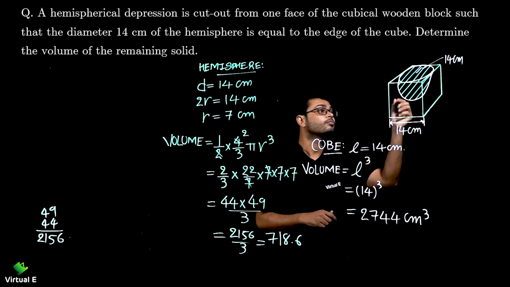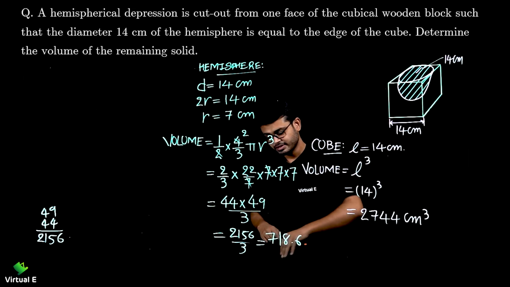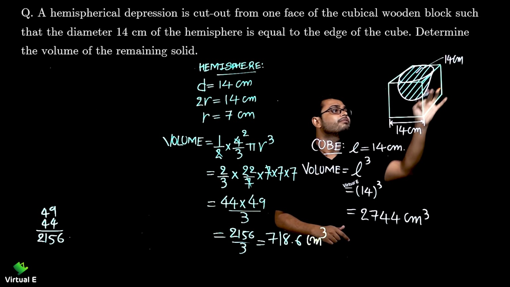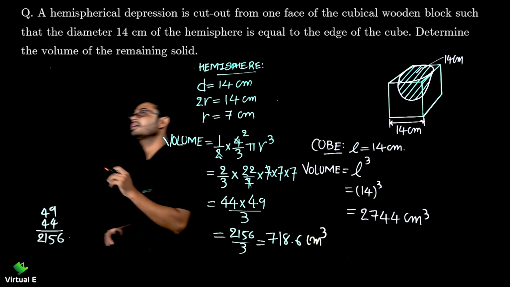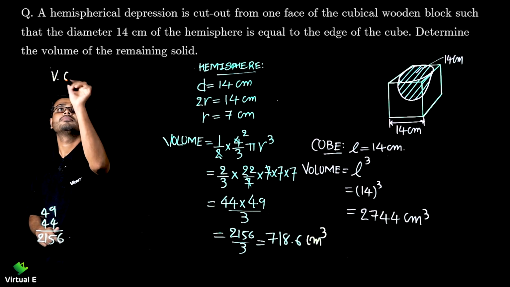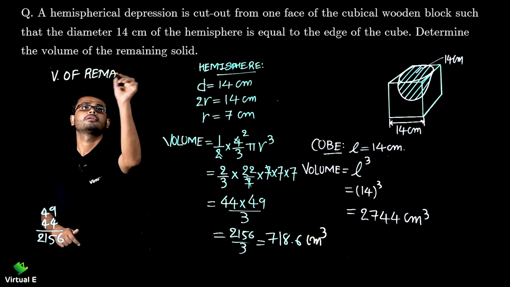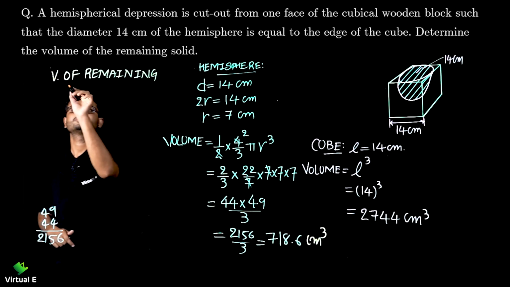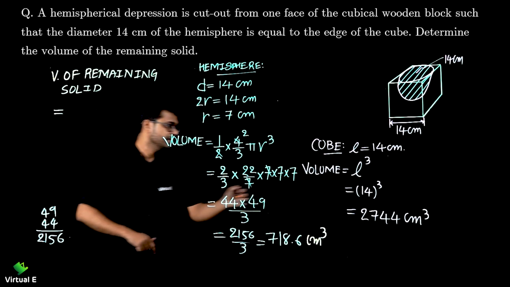Now let's find the remaining volume. This is the volume of the cube, which is 2744. Then the volume of the hemisphere is 718.6. Let's write the unit, centimeter cube. Now we want to find the volume of this remaining solid, so we need to subtract these two things.